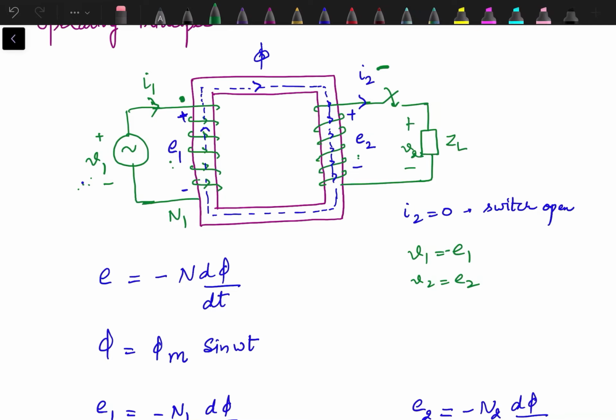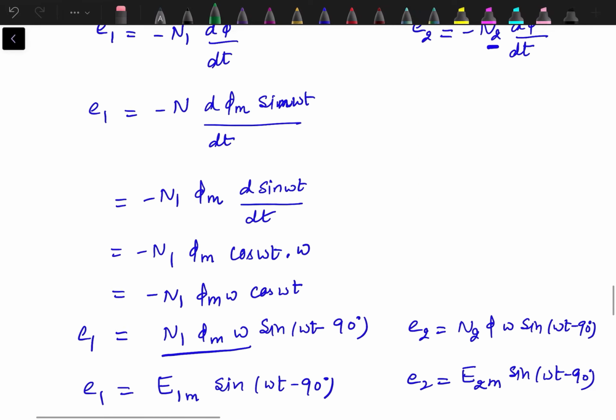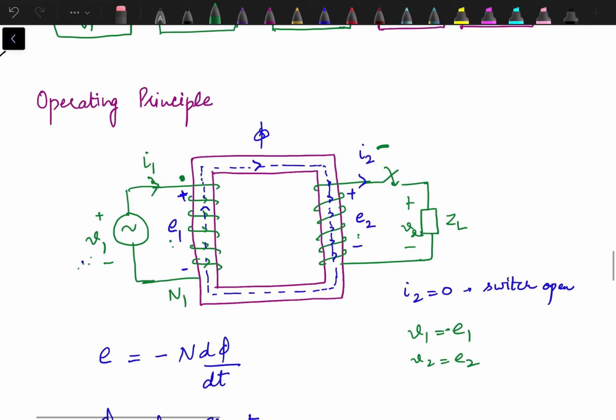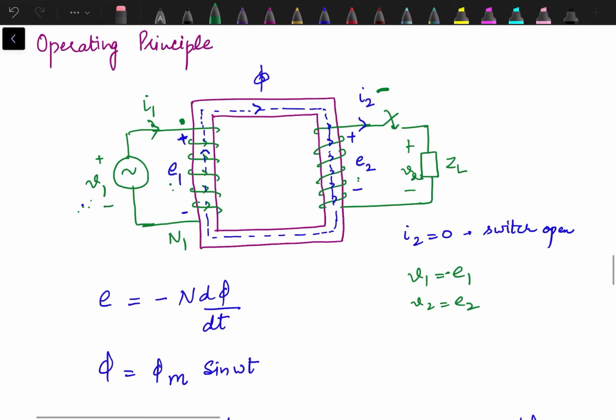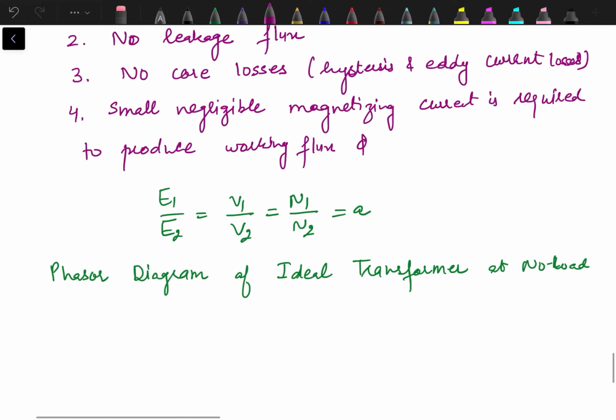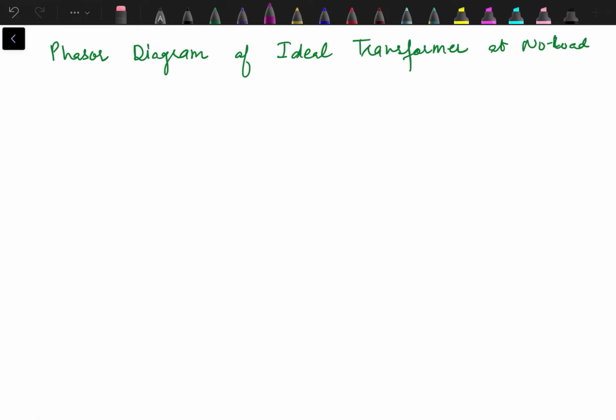So V1 equal to minus of E1 means that the power flow because of V1 is opposite to the power flow because of E1. So that is what we mean by V1 equals minus of E1, though they are equal in magnitude. So in the phasor diagram, we have to represent that phase difference.